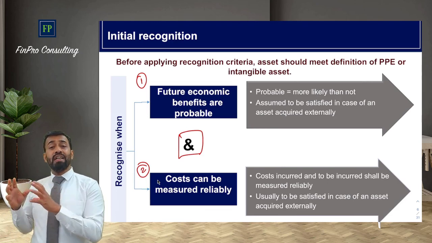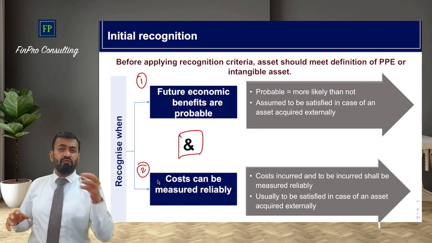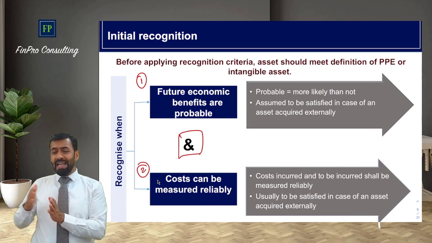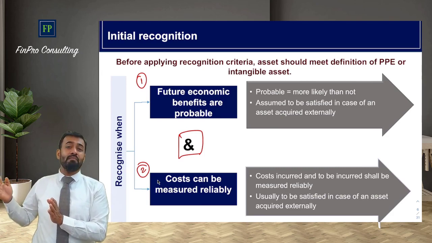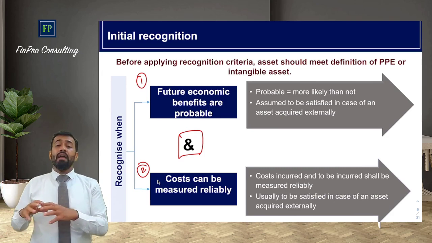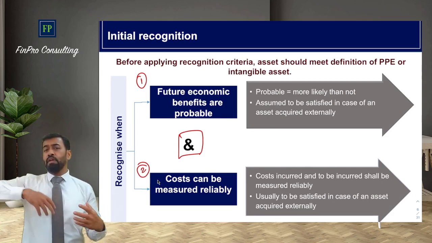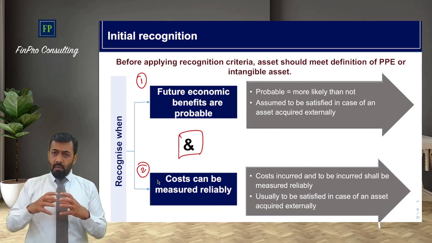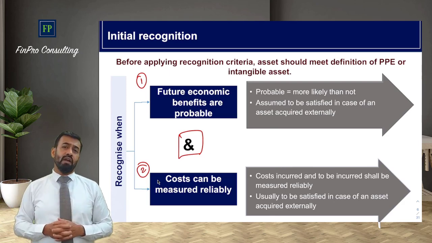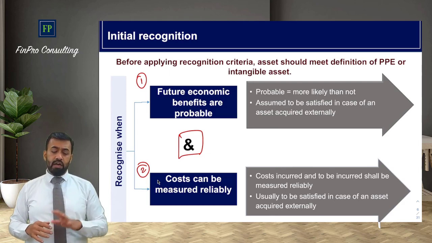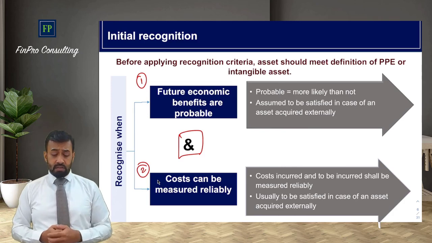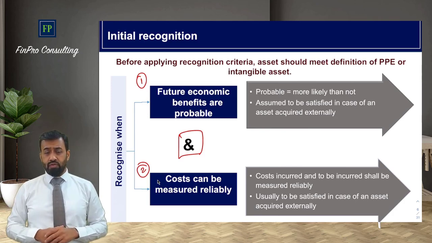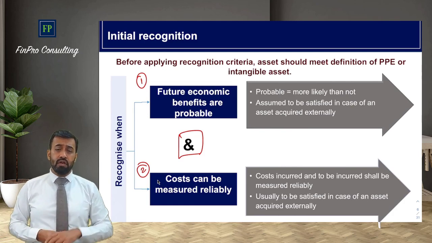But when it comes to the development of certain research formula into a product, then it becomes very difficult, because that development does not have a fixed timeline. And that's why cost incurred till date plus cost that will be incurred in future, determining that second portion is very difficult. And that's why the second condition may not be passed. Even the first condition may be difficult sometimes as far as development expenditure is concerned.